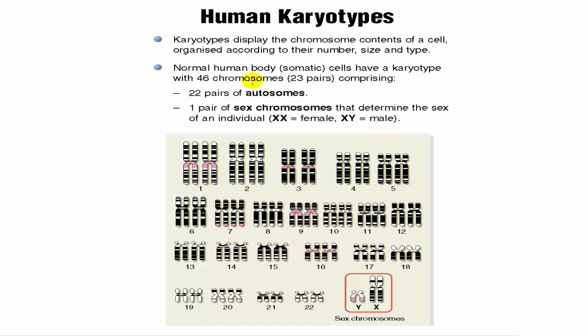Normal human body cells, these are called somatic cells, have a karyotype with 46 chromosomes, existing as 23 pairs. Of those 23 pairs, 22 are called autosomes, and then depending on whether you are a female or a male, you are going to have 1 pair of sex chromosomes.